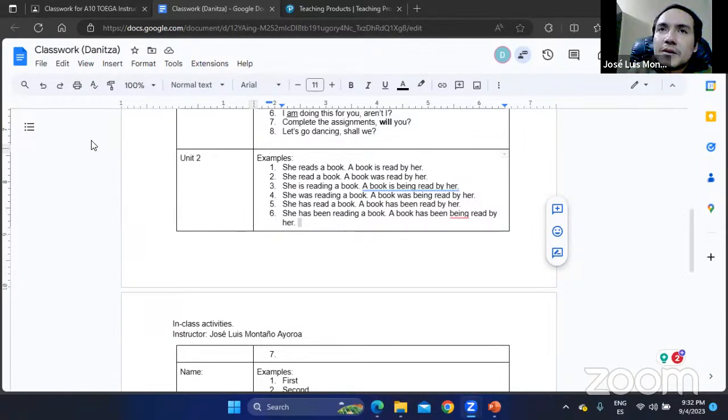Actually, I cannot think of one example right now. This type of structure with the continuous form, I've only seen that, Danitza, in grammar books, only to teach grammar.